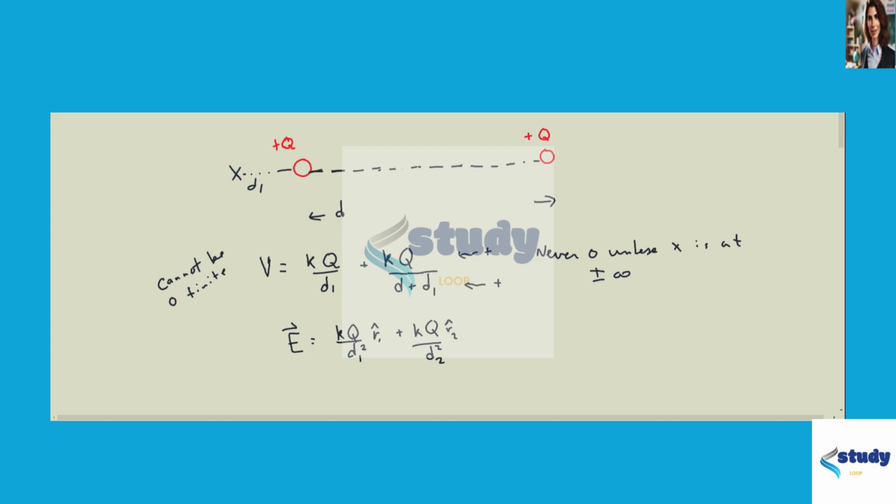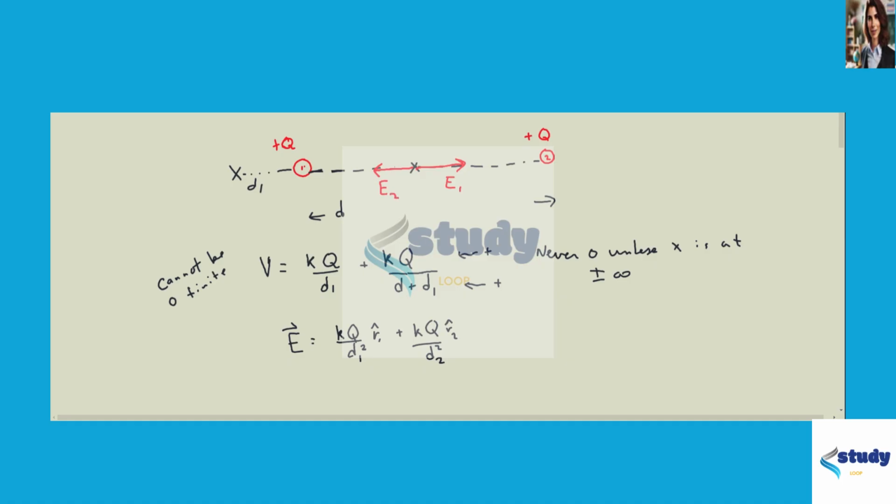So let's take a look at some of the observation points. In between the two charges, let's call these two charges 1 and 2, so we can separate them out. The electric field from charge 1 will point to the right, and from charge 2, it will point to the left.